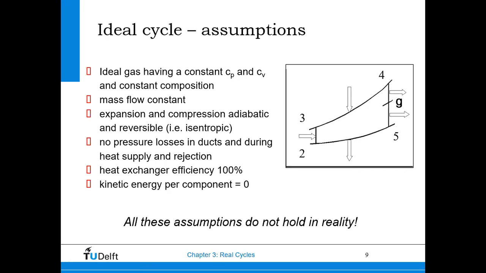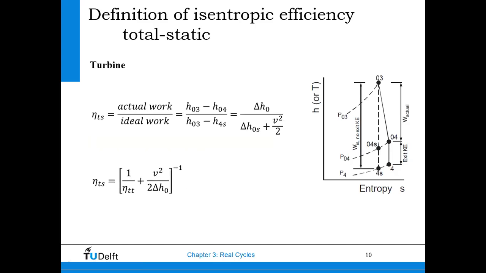So we assume at this moment that at the station where we evaluate the pressure, the velocity is 0, so we can assume the kinetic energy to be 0 or included in the total pressure. That's also how we define the total-to-static isentropic, and there we also include the velocity, so the kinetic energy, to make life a little bit easier.